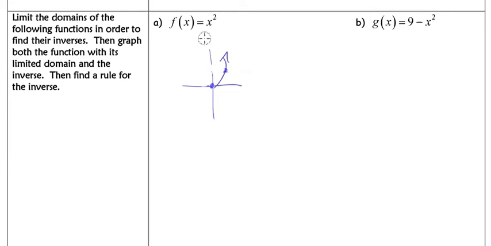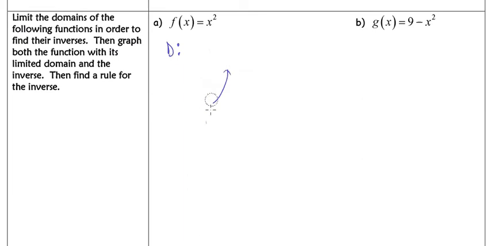But we're going to limit the domain so that it will pass that horizontal line test, so that we will have a function and that it will have an inverse. So let's define the domain as being the x values only on that positive side.